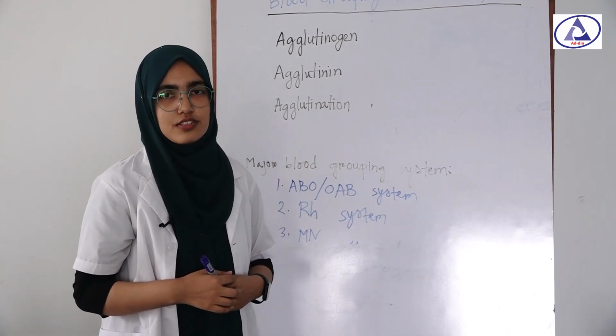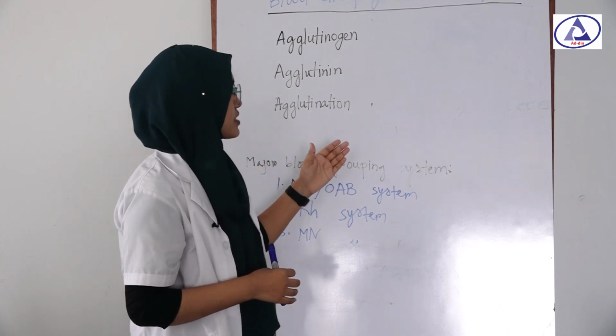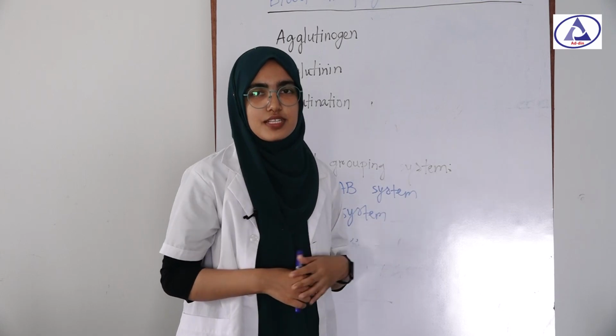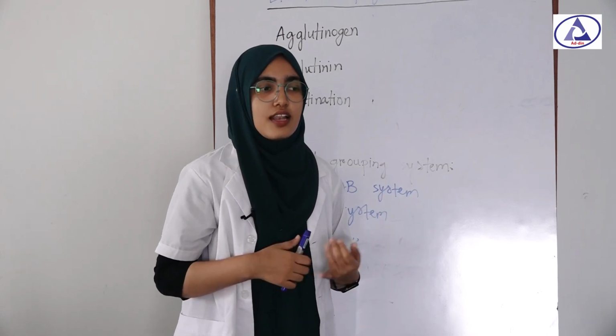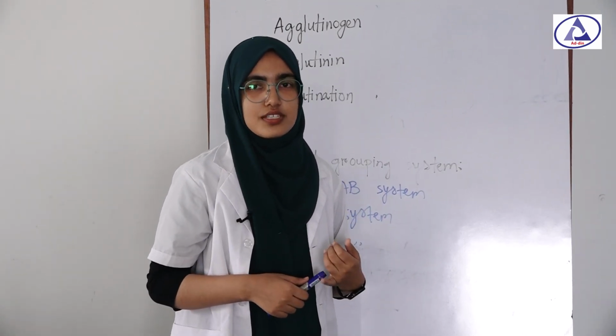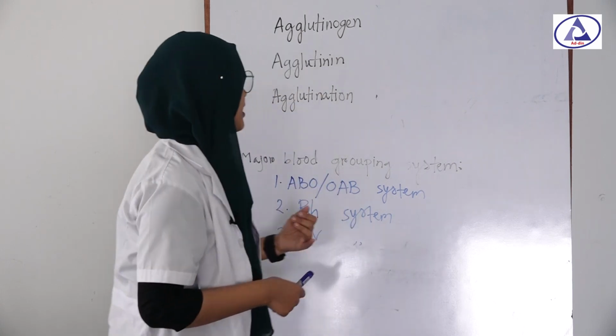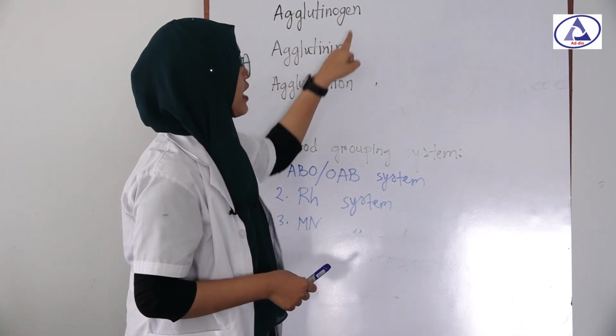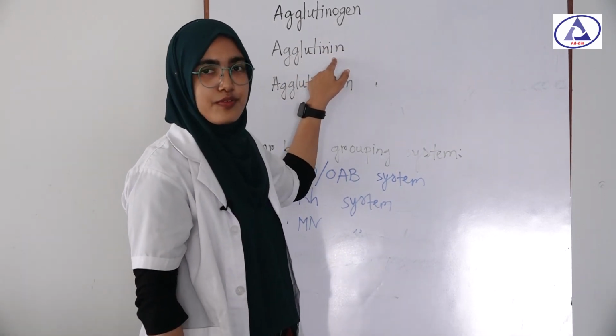Those are present on the surface of the RBC. These antigens can also be present in some other sites like lungs, kidney, liver, semen, saliva, and in response to this agglutinogen, agglutinin or antibody will be formed.